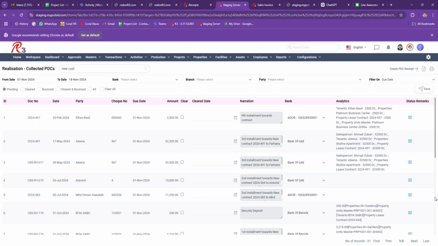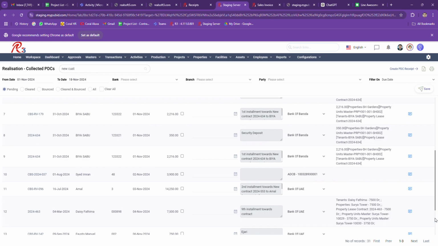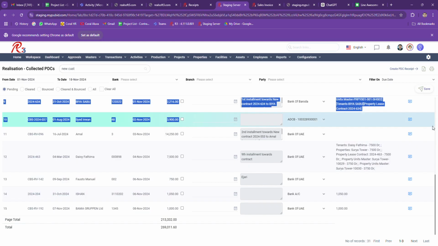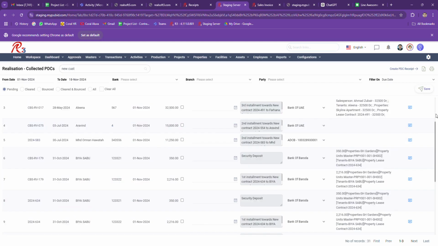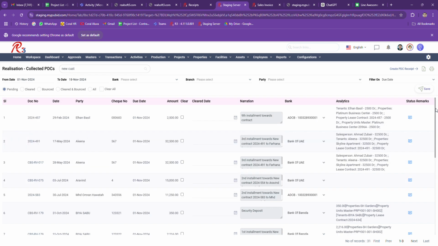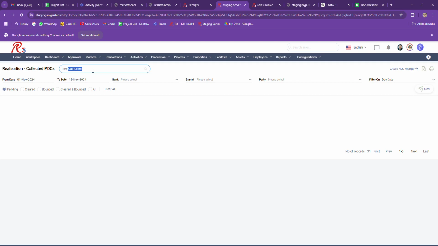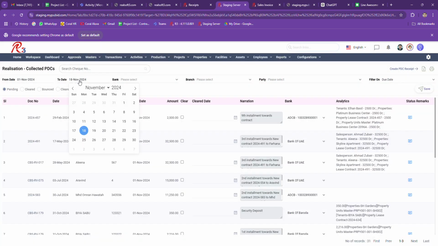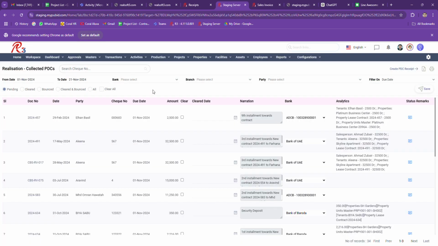I think this is the very bottom of the part. You will have more interest when you do these kind of things. It's pending. This due date is 21, right? I think it is 20.